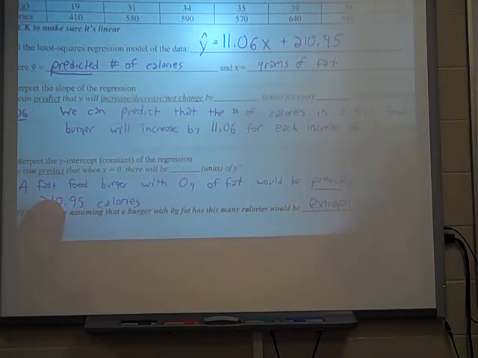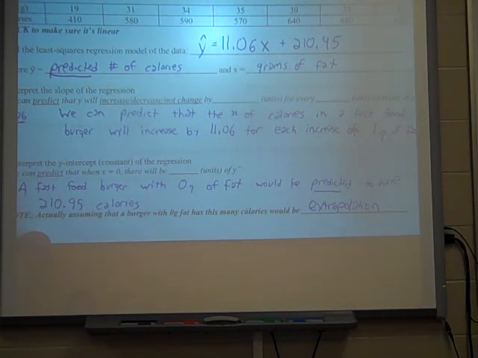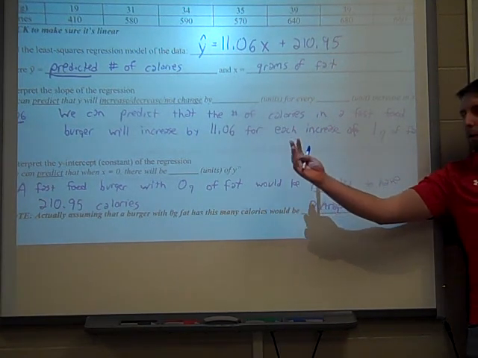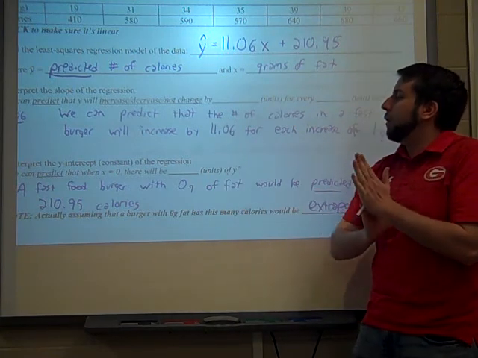So yeah, this is what the model says. I want you to understand this is what the model says, but I also want you to understand that our model didn't get data from any burgers with 0 calories or anywhere close to that. All the burgers here are between 19 and 43. So if you're looking at a burger that's below that interval or way above that interval, this data might not work so well anymore.